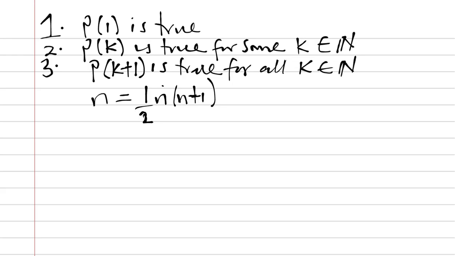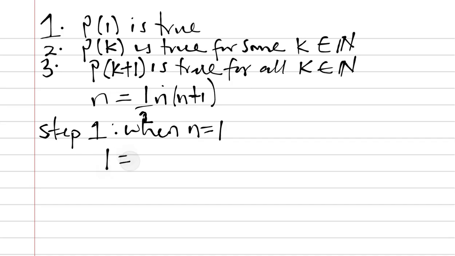So step 1: when n is equal to 1, anywhere I see n here, I will put 1, and I must get the same thing on the 2 sides.